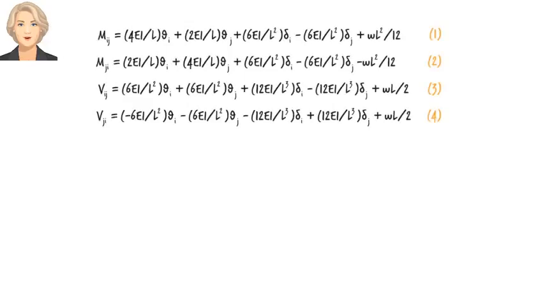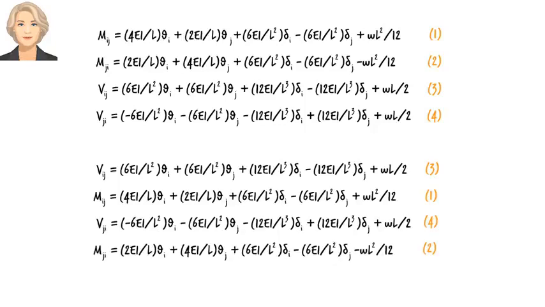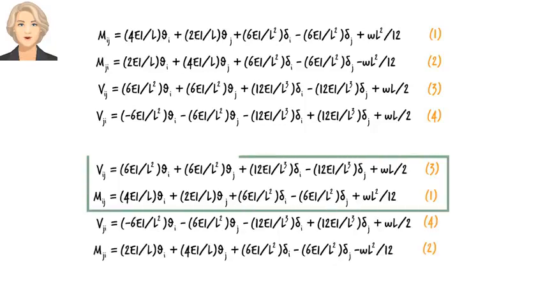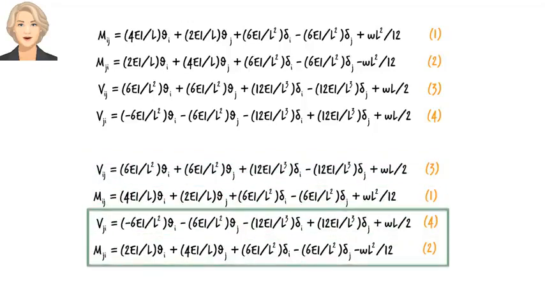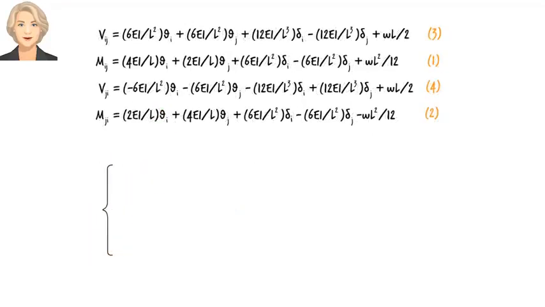Now, I am going to reorder these equations before rewriting them in matrix form. The first 2 equations give us shear and moment at joint I, and the second pair of equations is for shear and moment at joint j. In matrix notation, these equations can be written as follows.